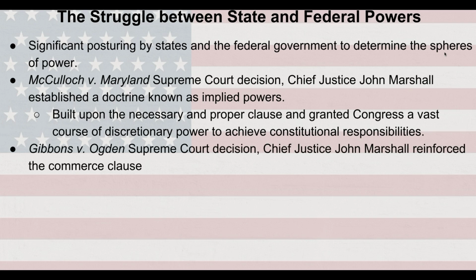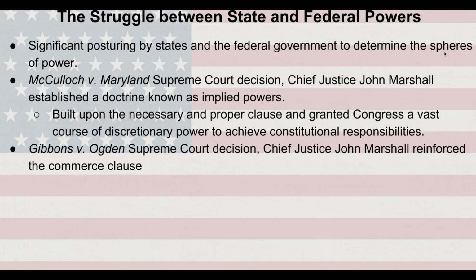There's another Supreme Court decision known as Gibbons versus Ogden, in which again Chief Justice John Marshall, who plays a significant role in defining and expanding federal power, reinforces the Commerce Clause of the United States Constitution. Remember, regulating commerce is a power that is given strictly to the federal government.